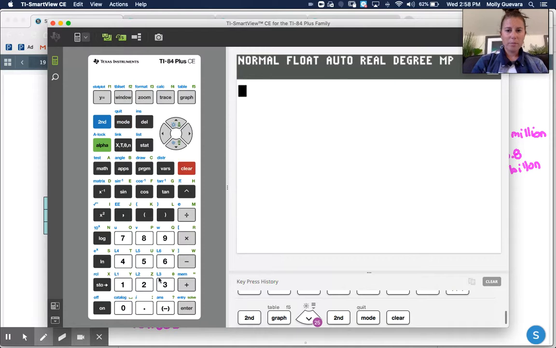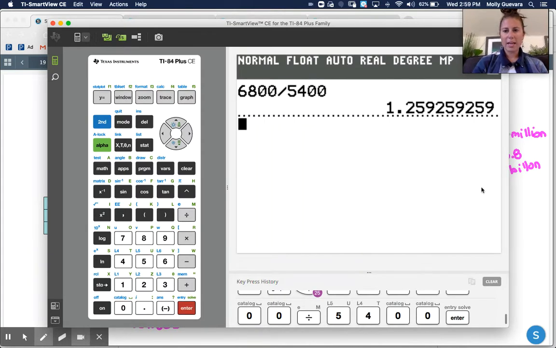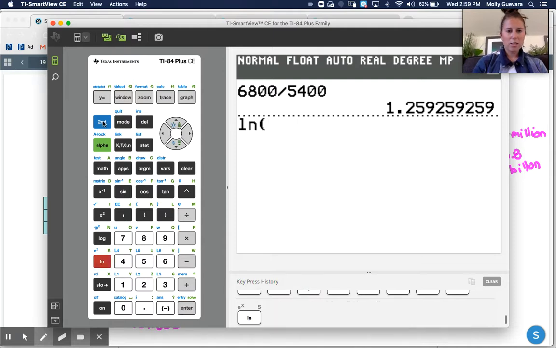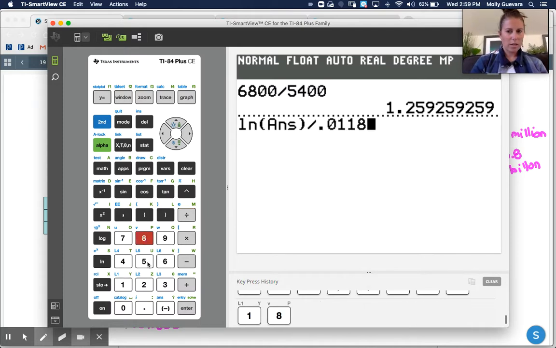Okay, so I'm going to start with 6,800 divided by 5,400. There's that number that I get. And I'm just going to take the natural log, and I'm going to go second, answer, ANS, it's above the negative sign. So I take the natural log of that and divide that by 0.011852.